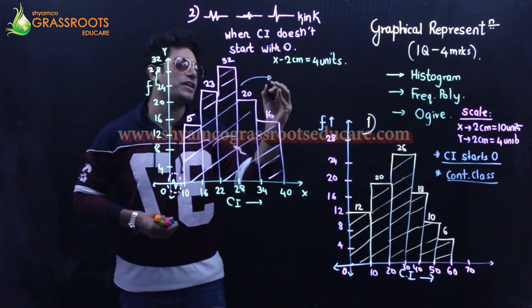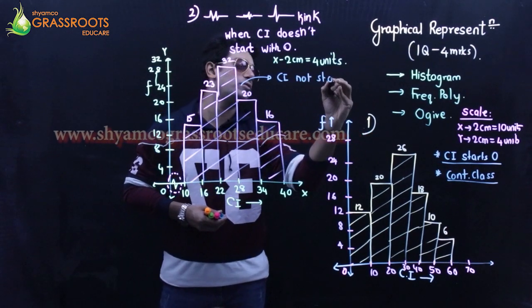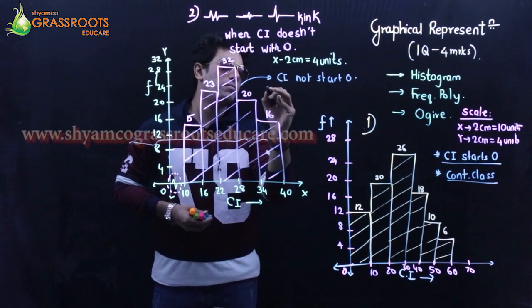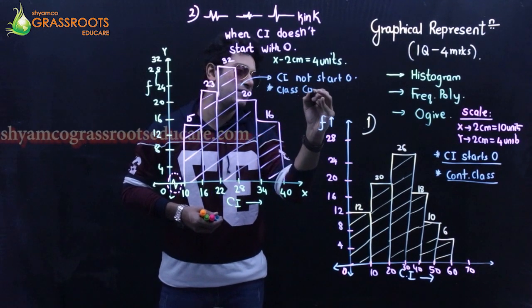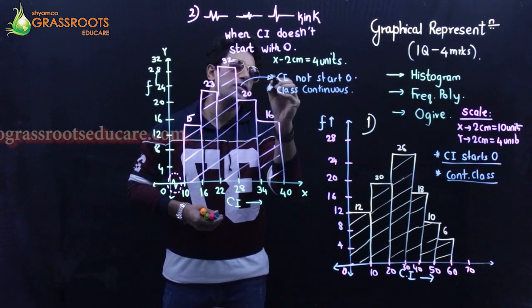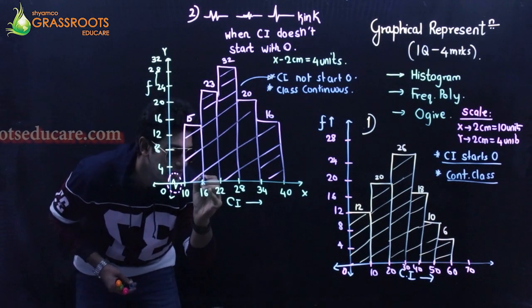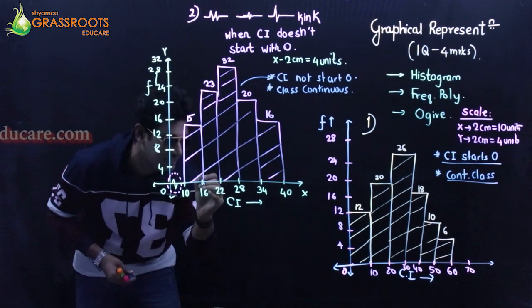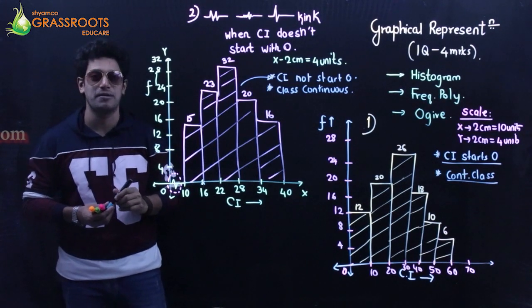The second one is class interval does not start from 0, but the class is continuous. Continuous means it starts at 10, ends at 16. Next class starts from 16, ends at 22. So that continuation is sustained.